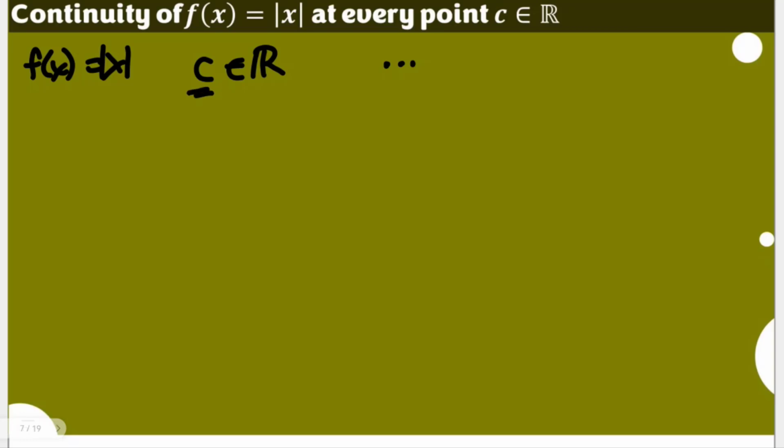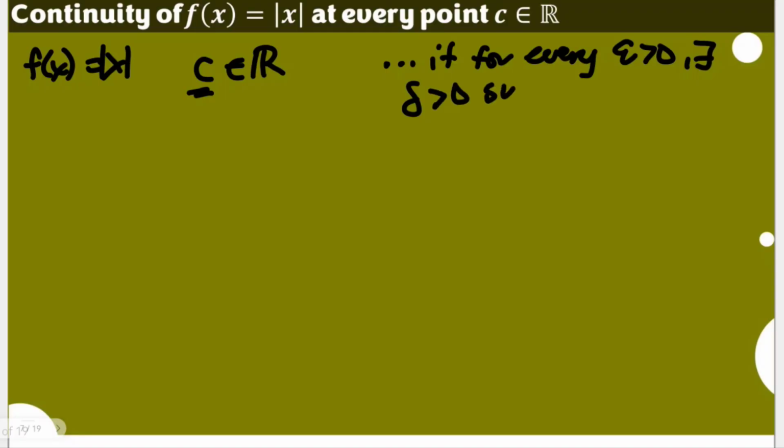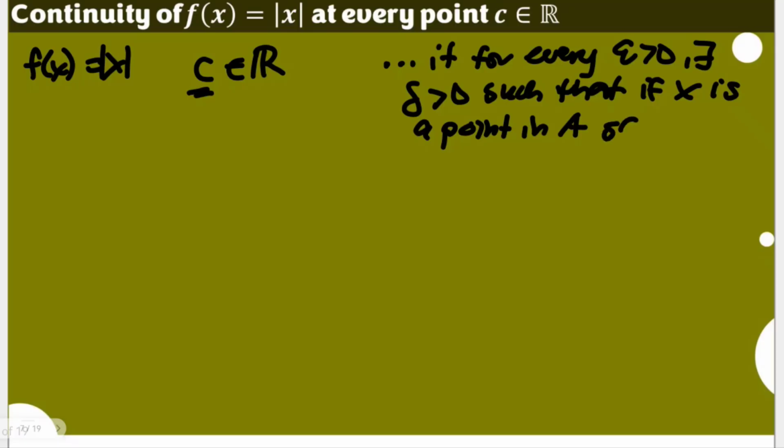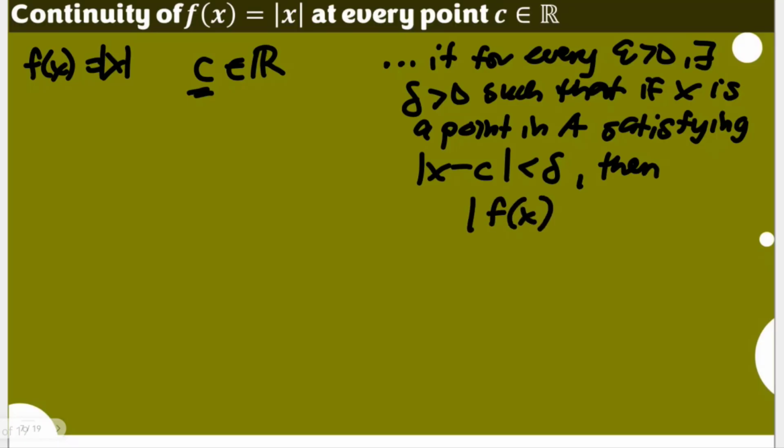Then we can say that f is continuous at C if for every epsilon greater than 0, there exists delta greater than 0 such that if x is a point in A satisfying that the distance of x and C is less than delta, then we need to show this inequality, that it is less than epsilon.